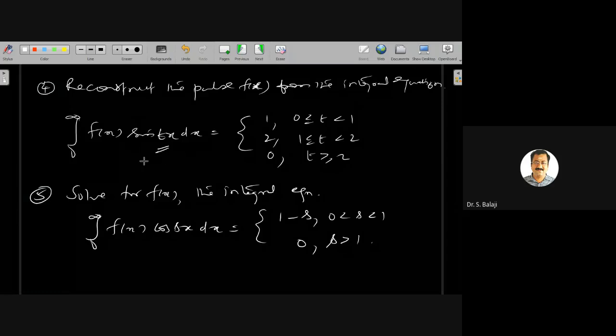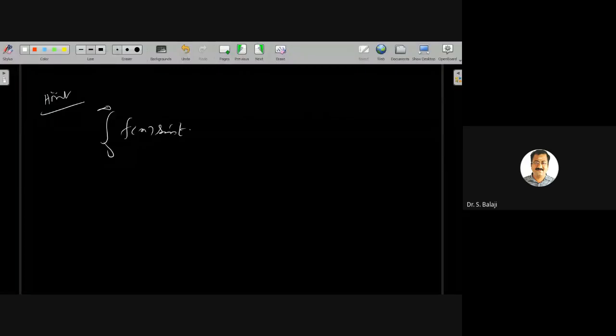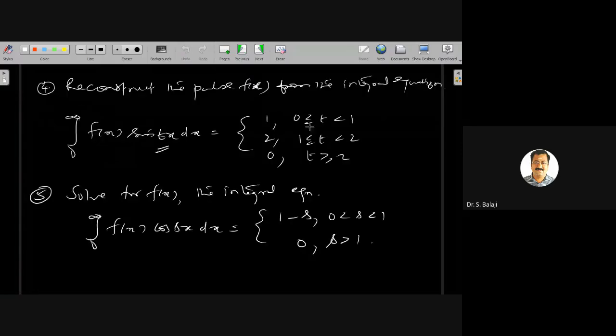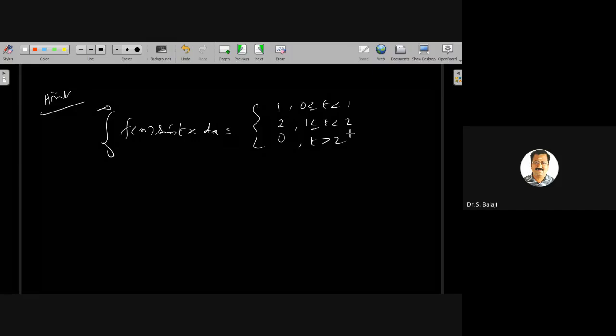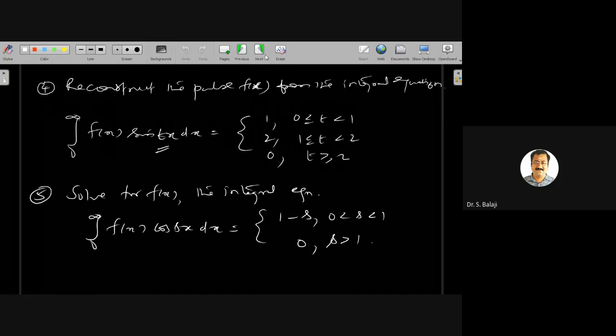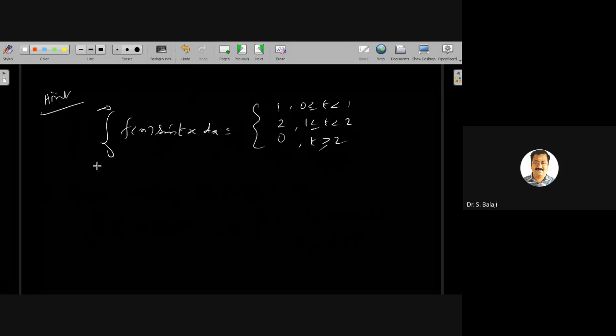How can you proceed with this problem? Since t is present, for our convenience you can change the variable. Therefore, I will change it to s here: integral 0 to infinity f of x sin sx dx.